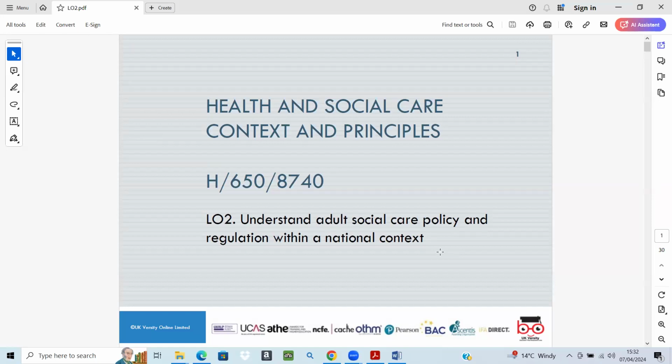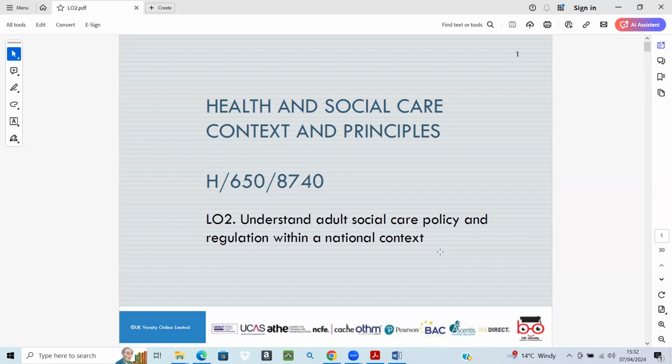We will be discussing the context and principles of health and social care, focusing on understanding adult social care policy and regulation within a national context. We have some national policies and frameworks. These set the standard for adult social care and outline the government's vision for care and support services.